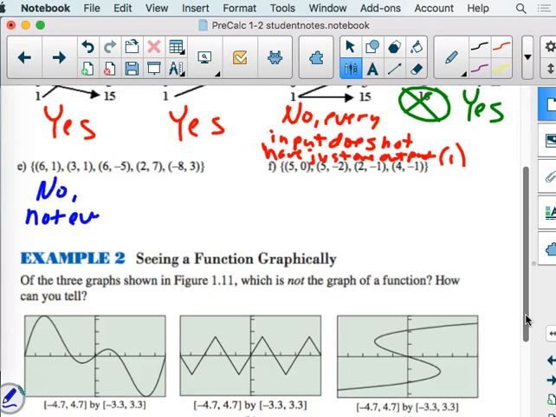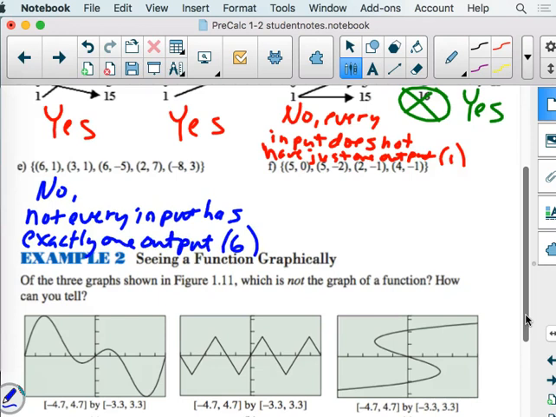Not every input has exactly one output. The 6 is bad, and it is just the 6. The 3 is good, the 2 is good, the 8 is good. It's just the 6 that's bad. How about F over there? Is that a function? No? Got a number that's a problem, that one? 5?